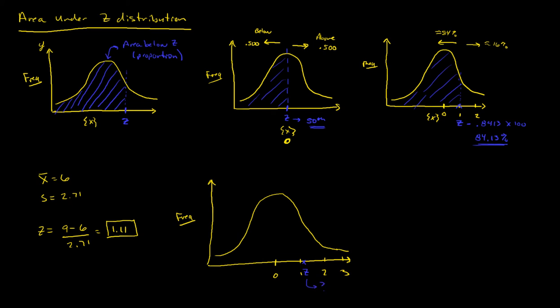What we would then have to do is look this up in a tabled value to find out what percent of the scores were lower than mine, and what percent were higher than mine. Well, I just happen to have a table right in front of me, so if I go to 1.11, what this corresponds to is a proportion.